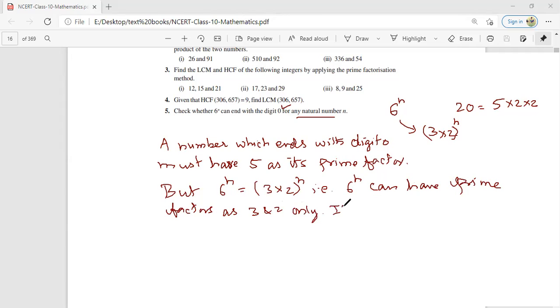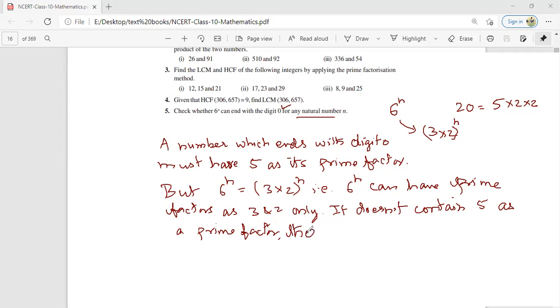It does not contain 5 as a prime factor.